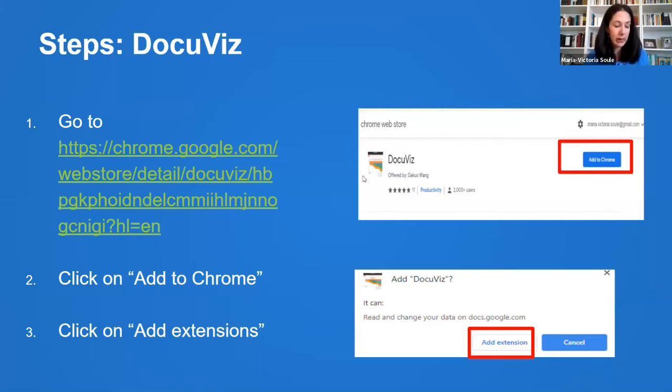I don't go directly to the site because I have already installed DocuViz and it will look different. So you need to go to Google Docs and click Add to Chrome. That is the first step. There are 2 very basic steps: add to Chrome, and the second step is you need to click on add extensions.